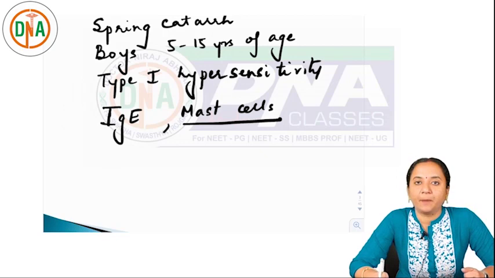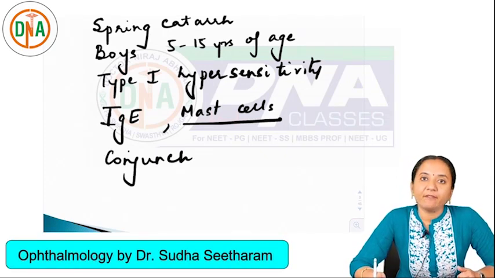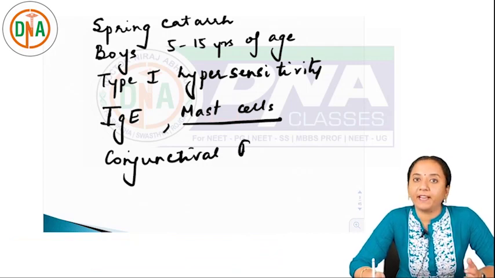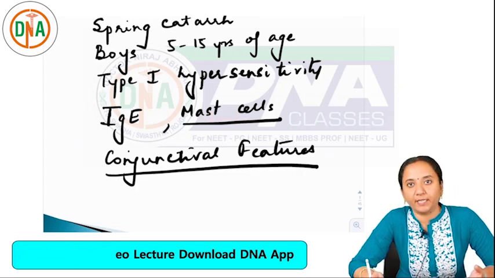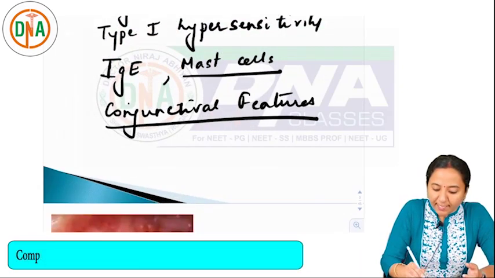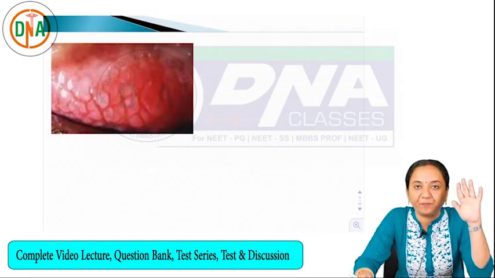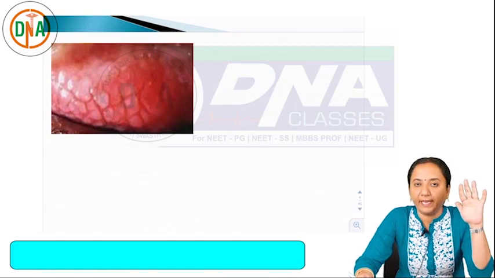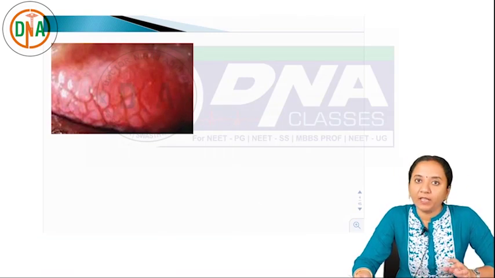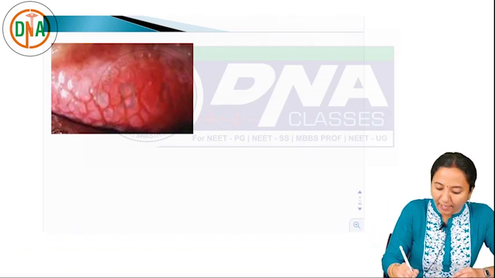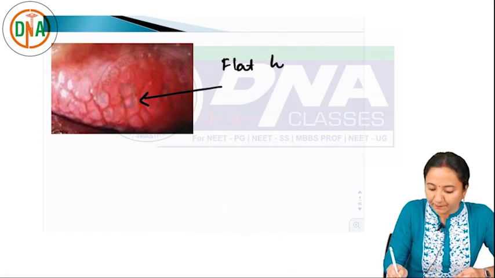So let me first come to the conjunctival features of VKC. These can be divided into features in the palpebral conjunctiva and features in the bulbar conjunctiva. The picture you can see here is of the palpebral conjunctiva of the everted upper lid. On this palpebral conjunctiva, we can see flat-topped elevations.